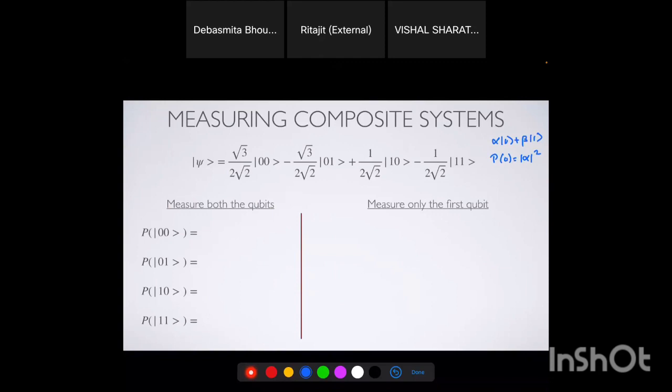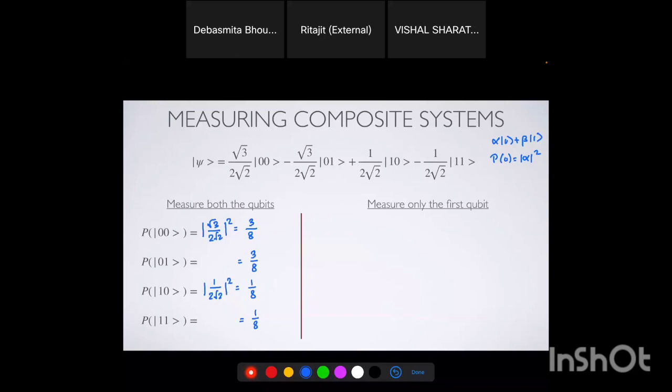So it is the modulus of the coefficient, whole squared. So that will be 3 times 8. This is also 3 times 8 because they are the same. This is 1 over 2 root 2 squared. So that is 1 over 8. And this is 1 over 8.